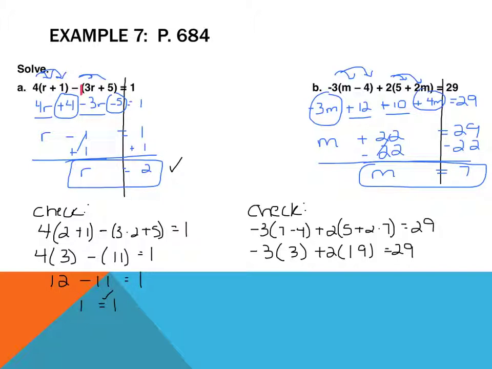Negative 3 times 3 is negative 9. 2 times 19 is 38. Negative 9 plus 38, so 38 positives, 9 negatives. I can cancel out 9 pairs, and that would leave me with 29 positives.